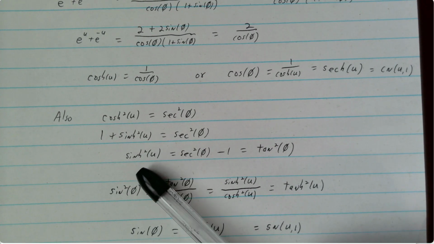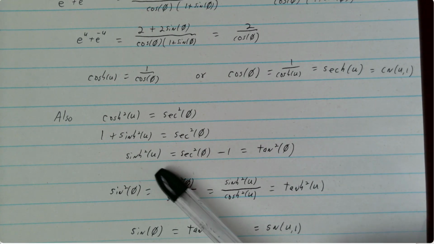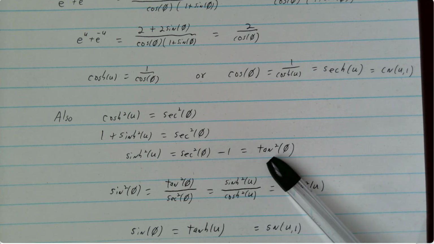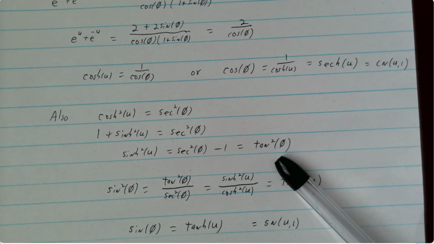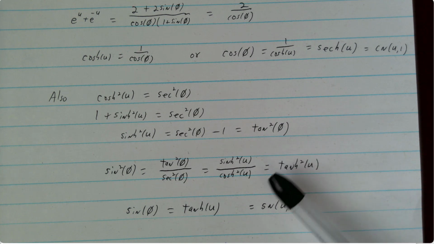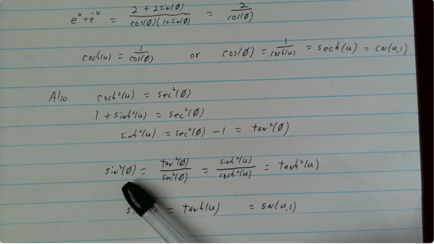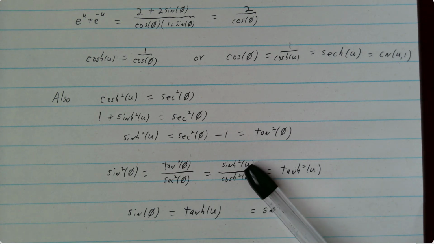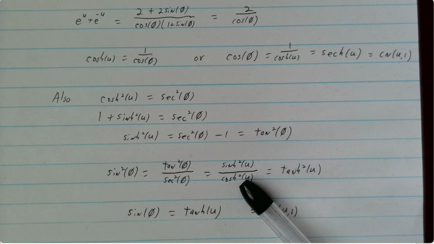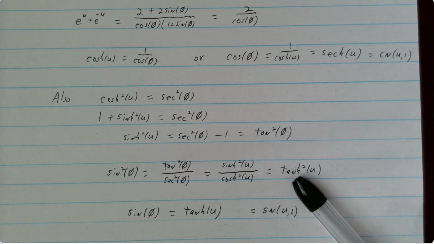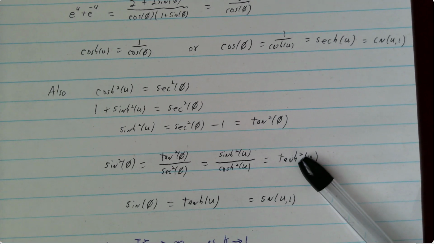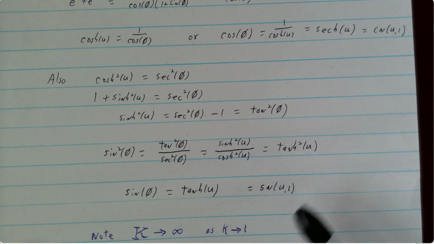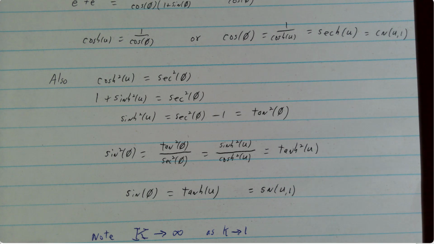So I can solve for hyperbolic sine, subtract 1, and this is then tangent phi, which means sine squared, which is tangent squared divided by secant squared, is hyperbolic sine squared divided by hyperbolic cosine squared, or tanh squared. And things are positive, so you can take the square roots, just keep the positive values.